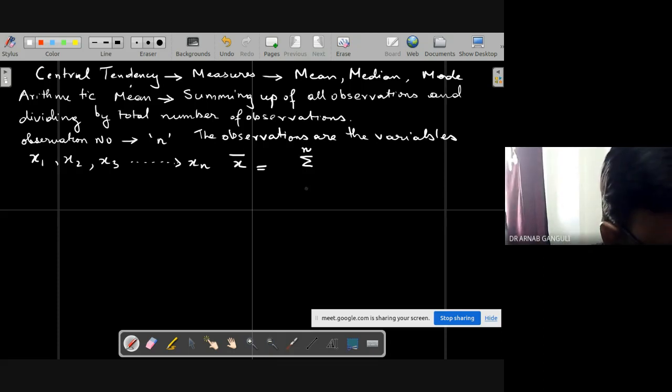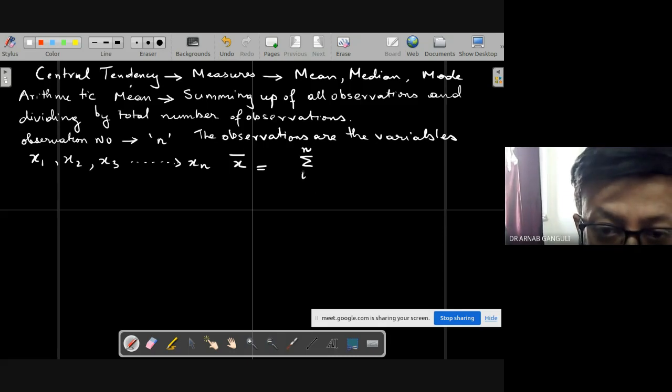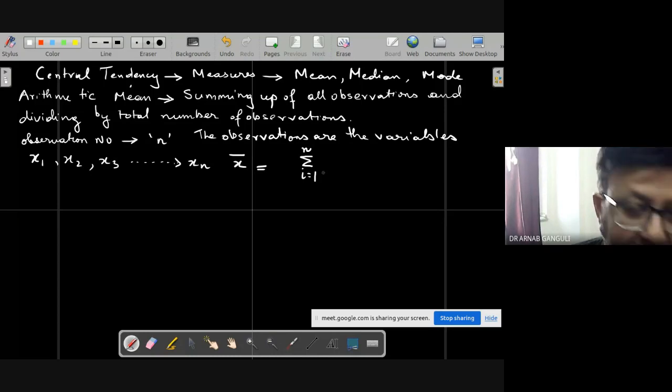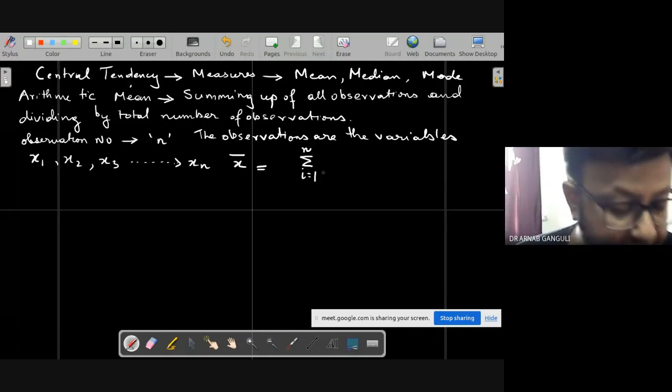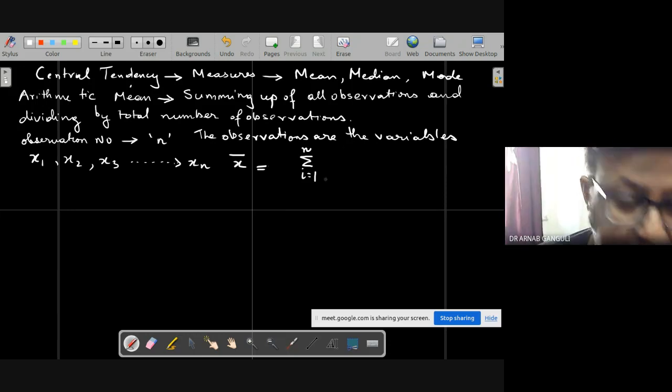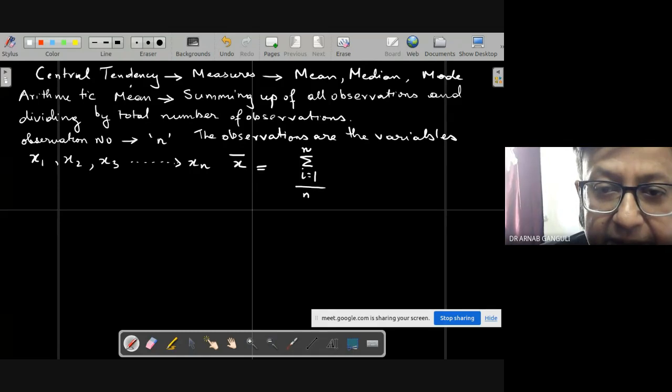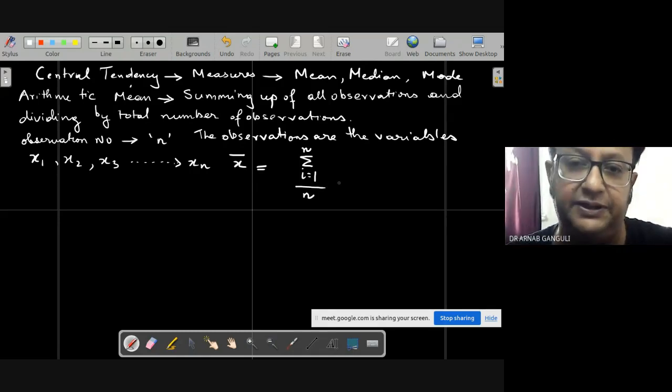It increases by 1, and that is known as i equal to 1. So after 1 comes 2, after 2 comes 3, then 4. It comes like this. The summation divided by the total number of observations.